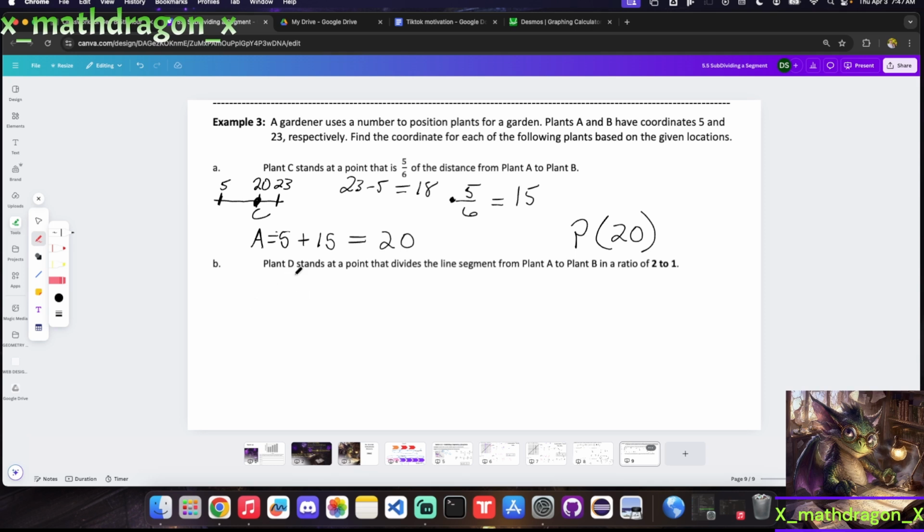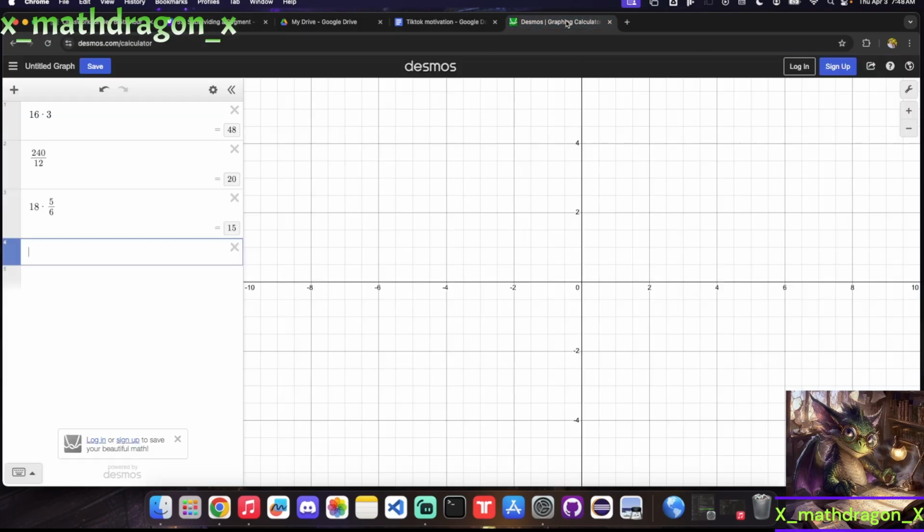So now, if our plant D stands at a 2-to-1 ratio, so that will be 2 out of 3 is our ratio. And once again, we still have the 18. That's not going to change, right? And then we'll do 18 times 2/3. And that's going to give us 12.